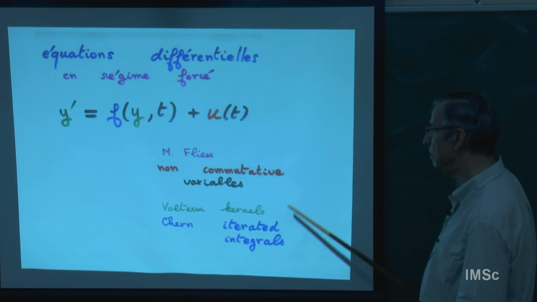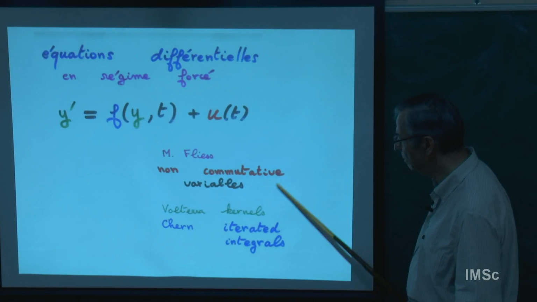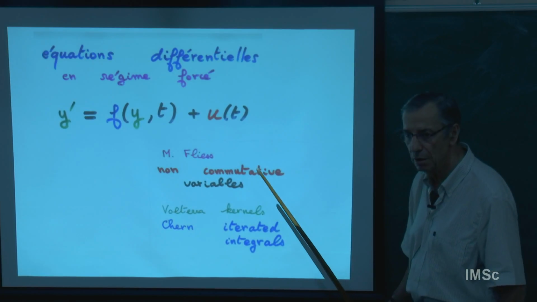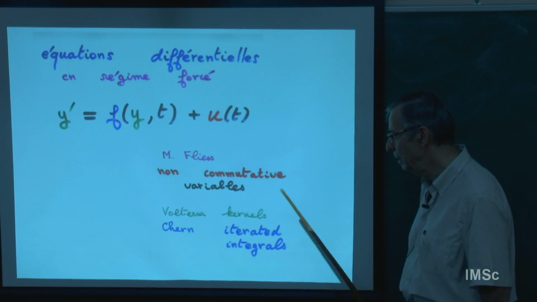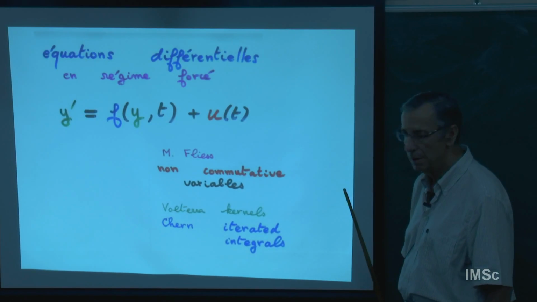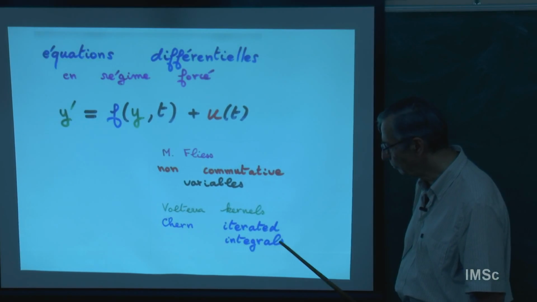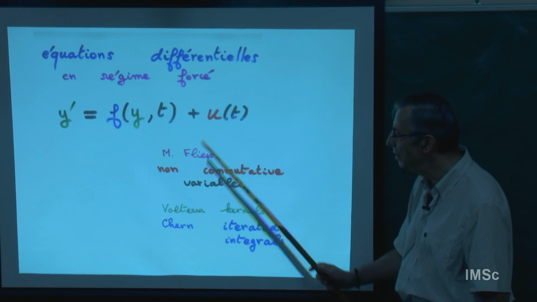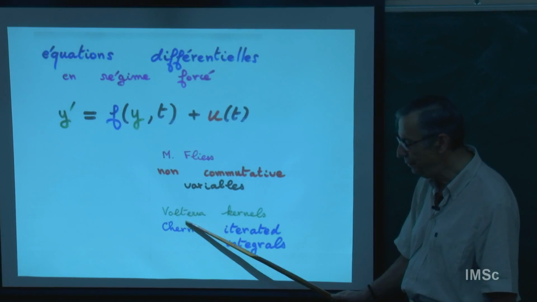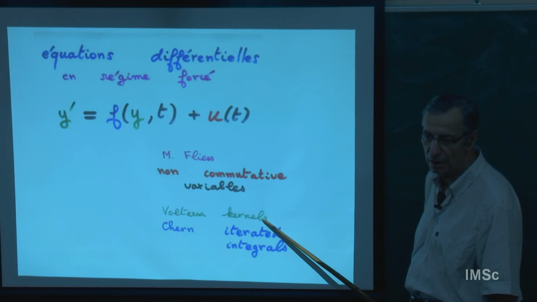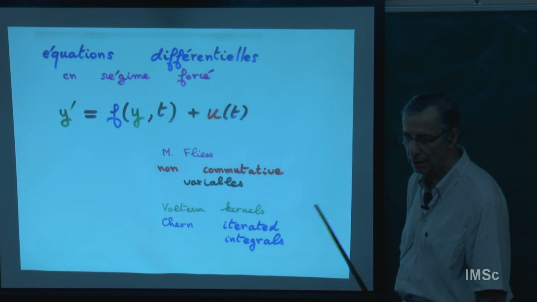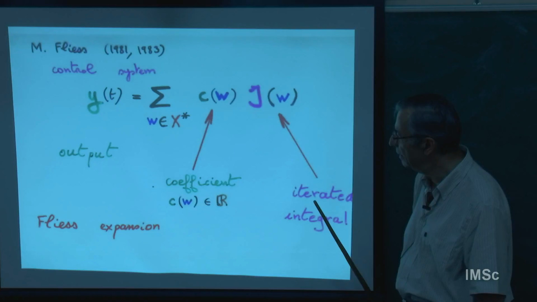So at the time, in the 70s and 80s, Michel Fliess did a lot of work to solve that, using non-commutative variables and formal power series to give an explicit expression of the solution of such equations. Usually in physics or in control theory, the solutions are given as infinite sums of what are called multiple integrals of Volterra kernels, but you can equivalently transform this into iterated integrals, Chen iterated integrals.